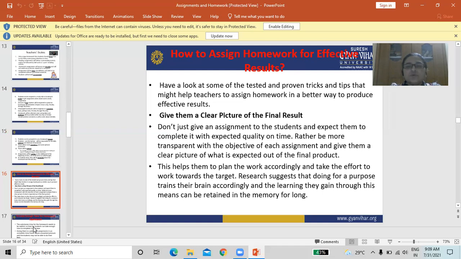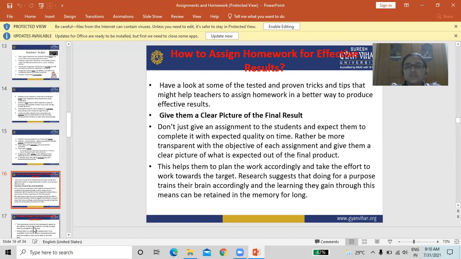Rather, be more transparent with the objective of each assignment and give them a clear picture of what is expected out of the final product. This helps them plan the work accordingly and put in the effort to work towards the target.